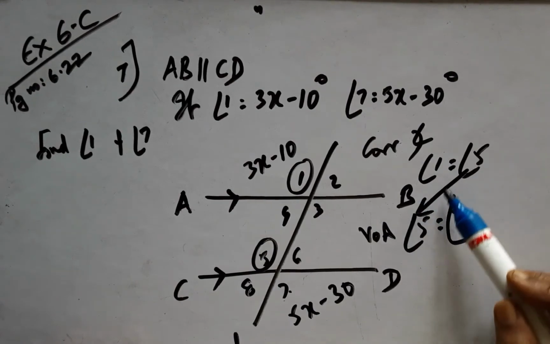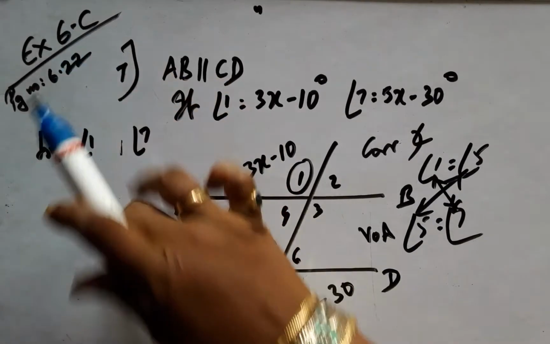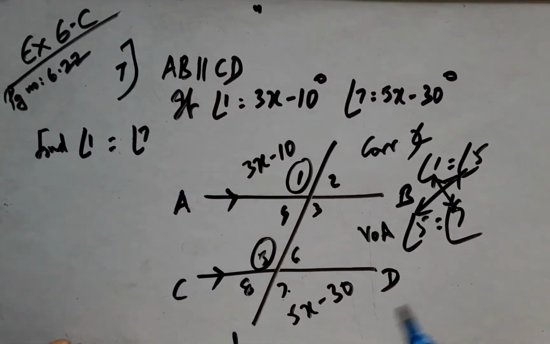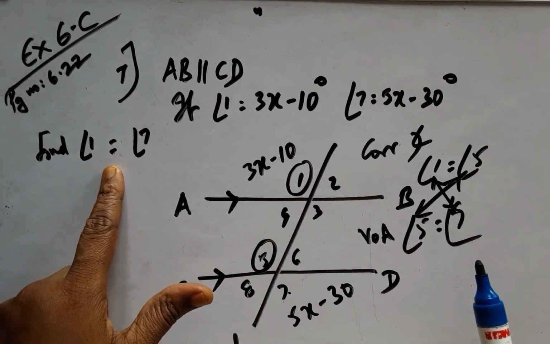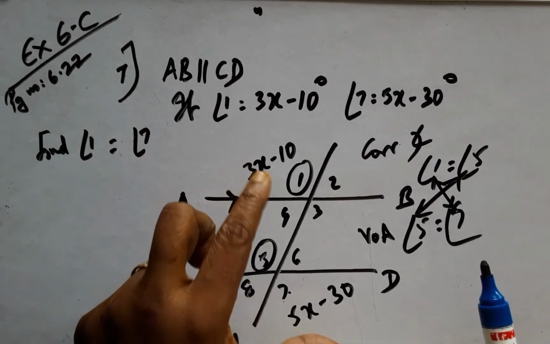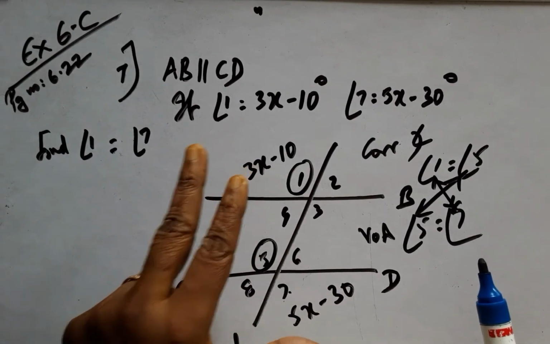Things which are equal to the same thing are equal to one another. Therefore, angle 1 equals angle 7. This is the fundamental point you have to arrive at, you have to deduce from the given diagram very logically.